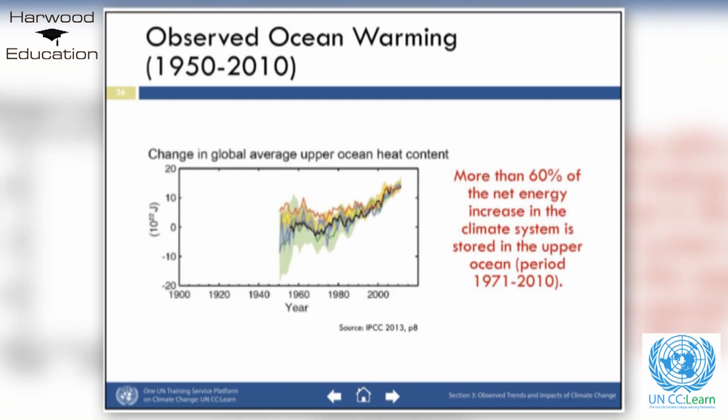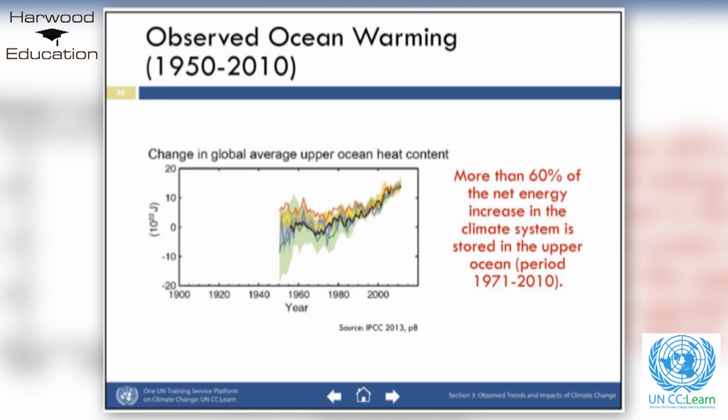Observed ocean warming, 1950 to 2010. Ocean warming dominates the increase in energy stored in the climate system. Oceans account for more than 90% of the energy accumulated between 1971 and 2010. 60% of the net energy increase is stored in the upper ocean, 0 to 700 meters, and about 30% is stored in the ocean below 700 meters.